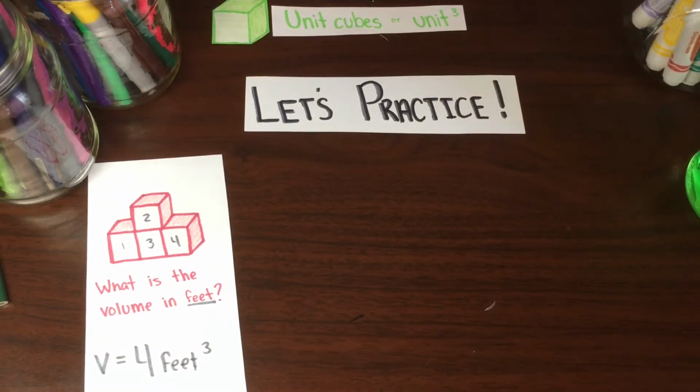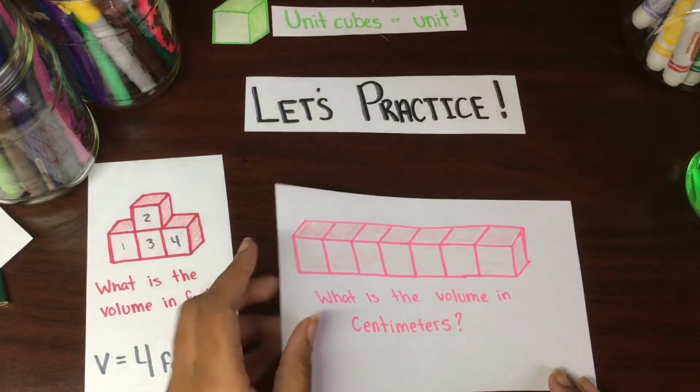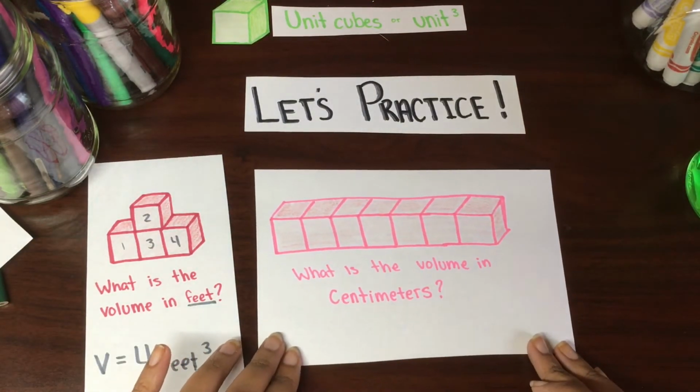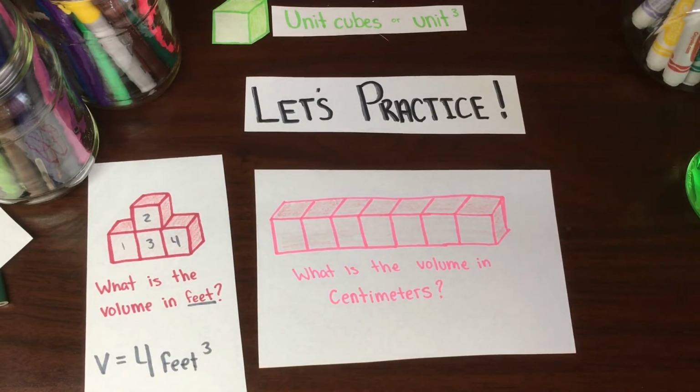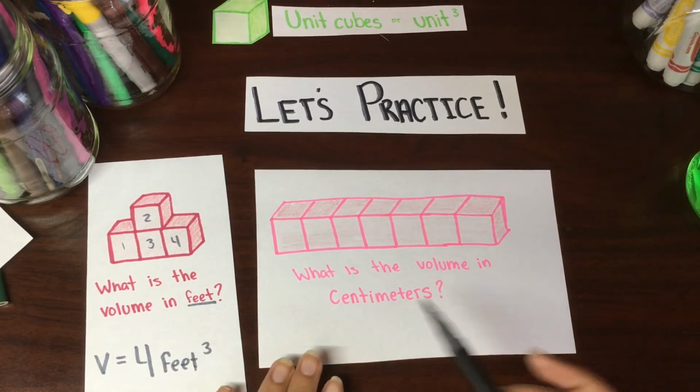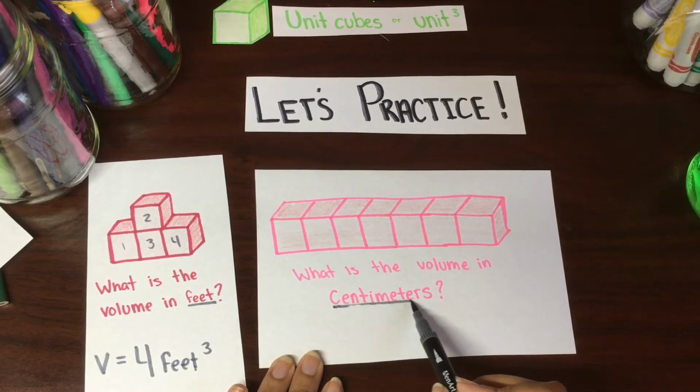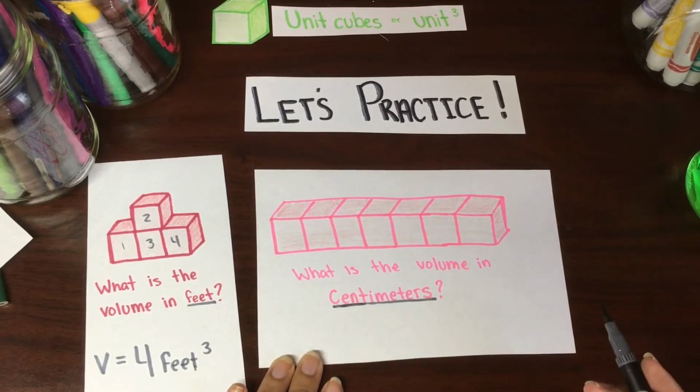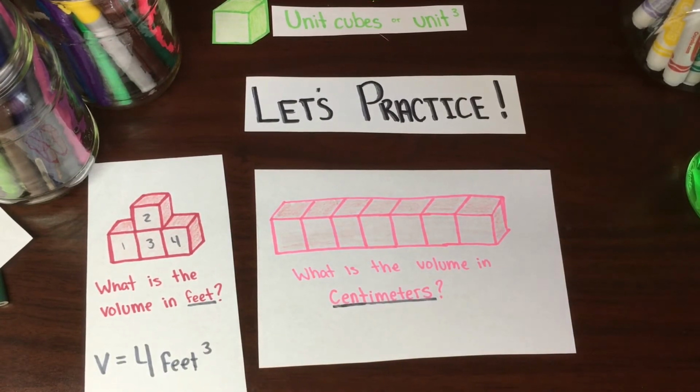So, let's do another one. Let's do this one. Now this one is asking, what is the volume in centimeters? And as we all know, centimeters is shortened as cm. So same thing here. We're going to count our unit cubes.